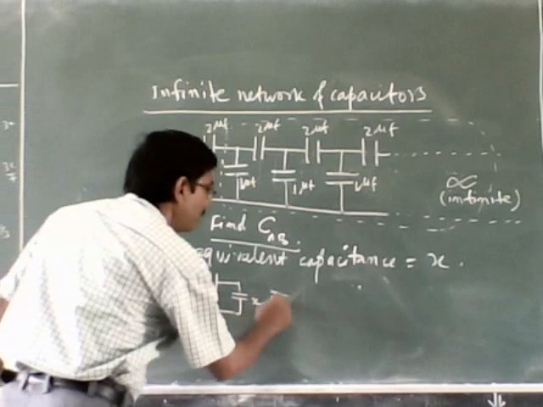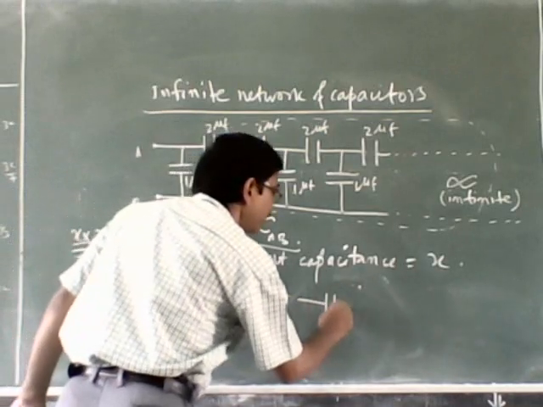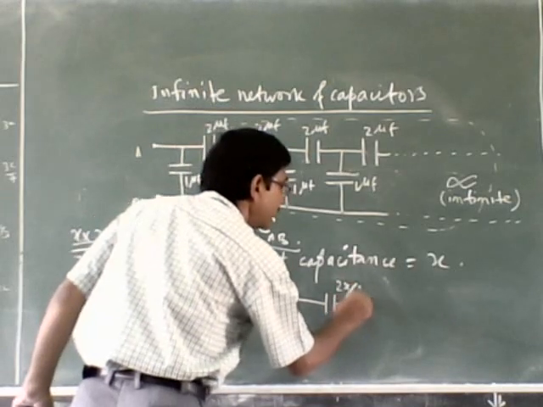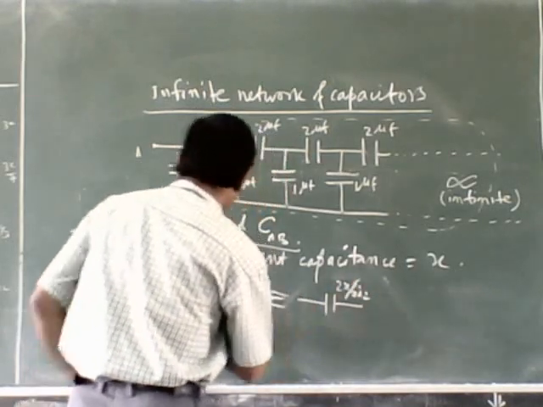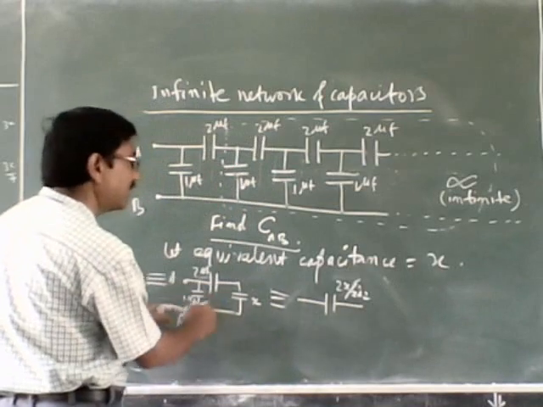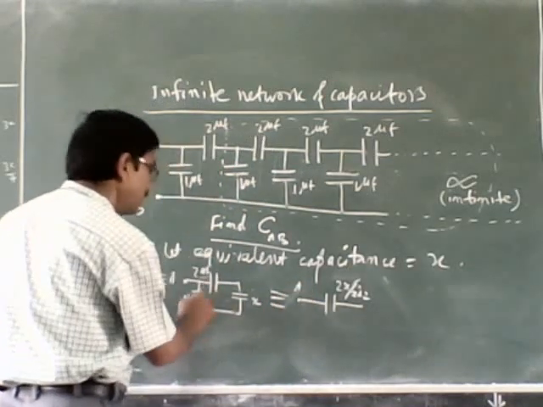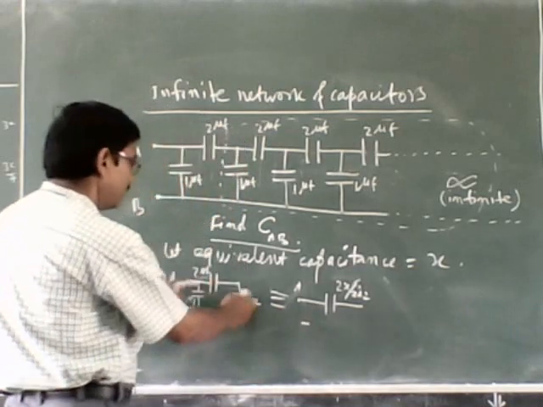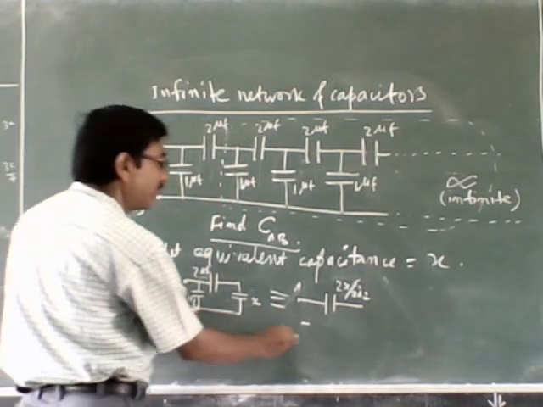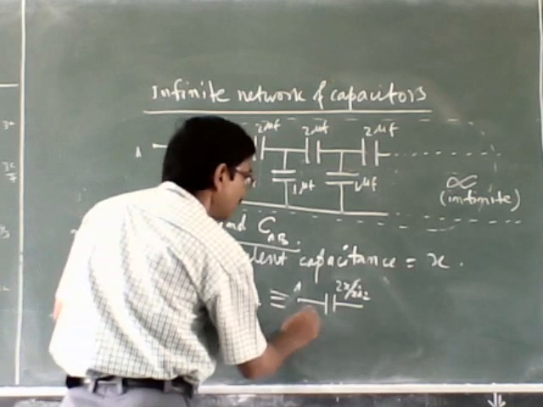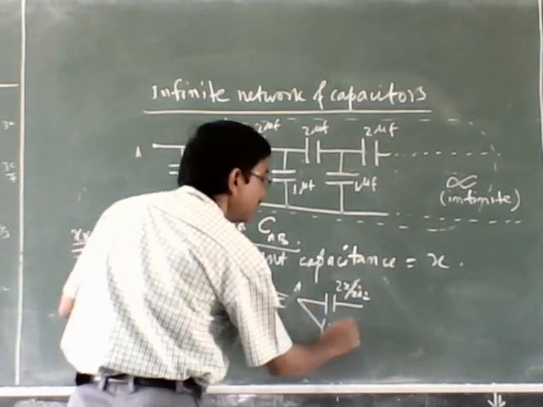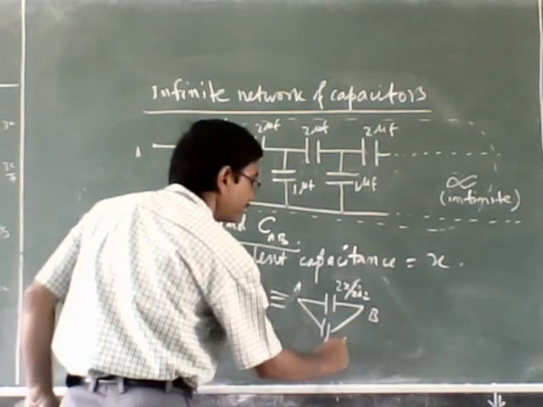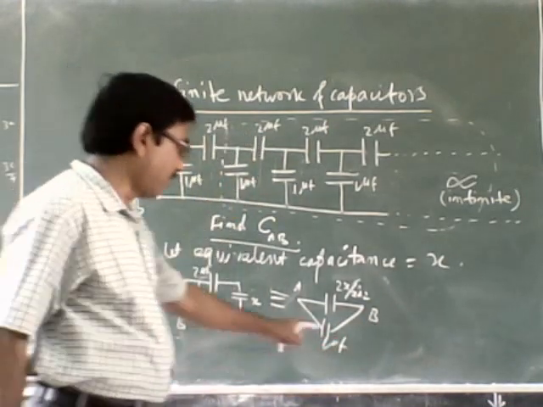So in the equivalent circuit we get 2X by X plus 2. With this, the 1 microfarad is connected in parallel. So this is A and this is B, this is 1 microfarad. Now how are they connected?